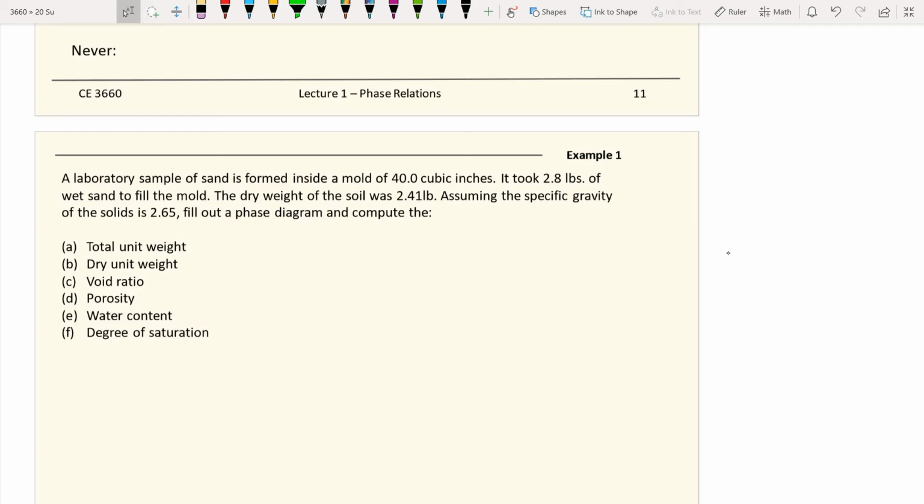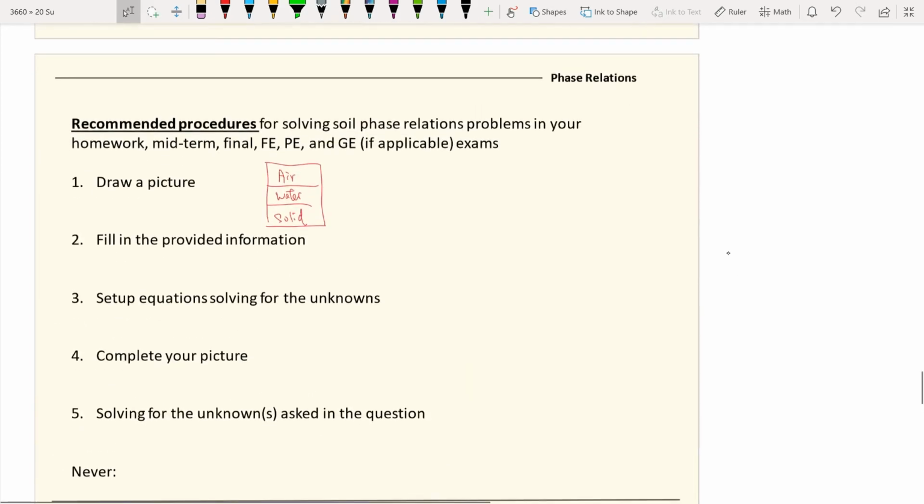So that gives you the total volume. And then you took 2.8 pounds of the wet sand, so that gives you the total weight. So whatever information is given to you, the second step is to fill in the information. Could be the total volume, could be the weight of water. So that's the second step.